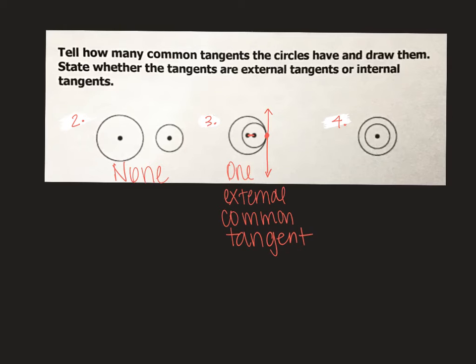And then in number 4, we have two circles that have the same center, but they don't touch at all. So that's not going to have any common tangents because those are concentric circles.